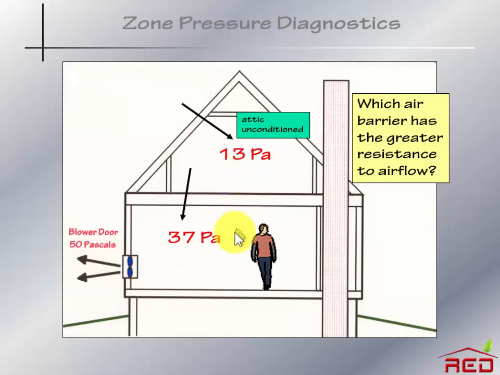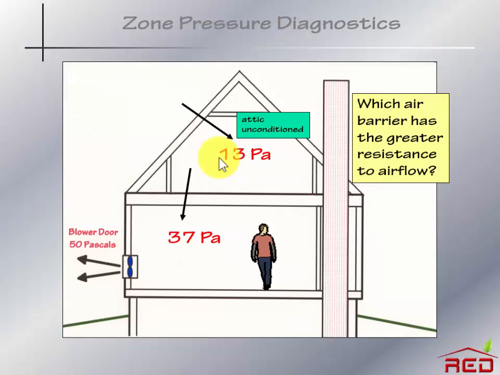So we're measuring from the house to the attic, and we find that that's 37 pascals. Because the pressure from the zone to the outdoors plus from the zone to the house must equal 50, because we are depressurizing to 50, this pressure from the zone to the outdoors must therefore be 13.